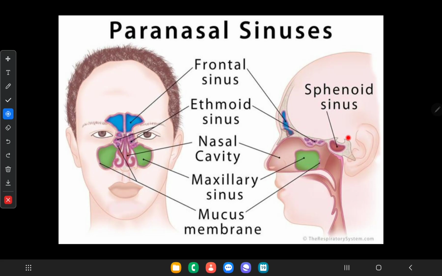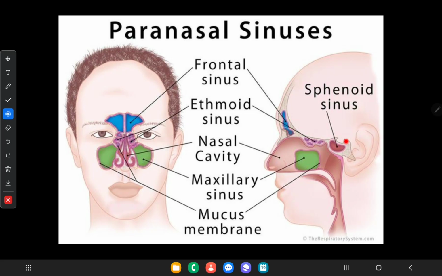Relations of the sinuses are surgically important, especially during transsphenoidal hypophysectomy. Hypophysis means the pituitary.